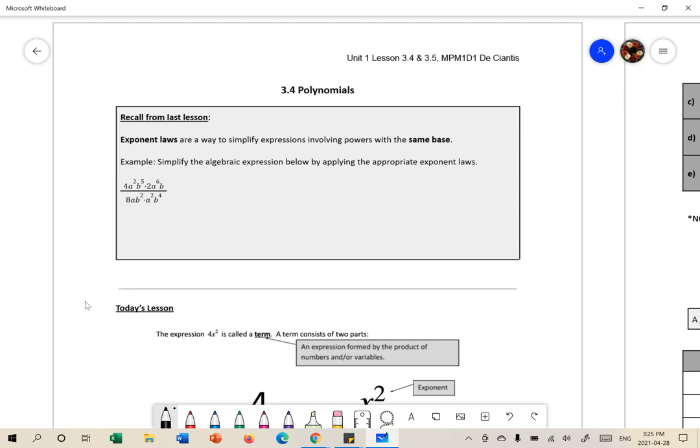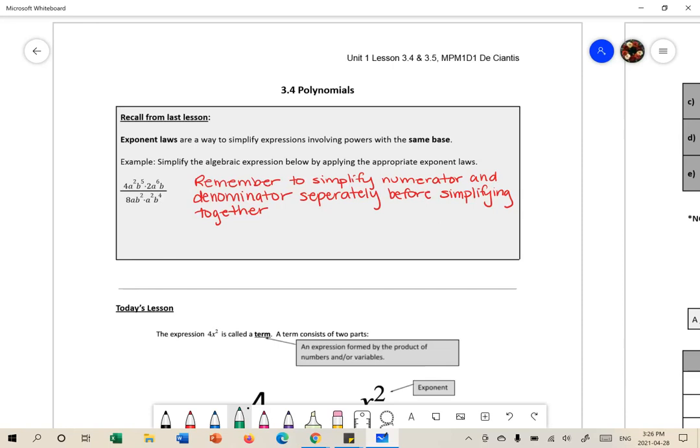So remember to simplify the numerator and the denominator separately before simplifying together. Beginning with my numerator, I'm going to simplify my coefficients 4 and 2 together. 4 times 2 is 8.